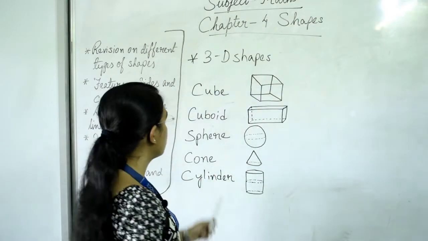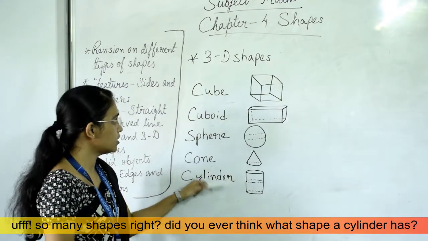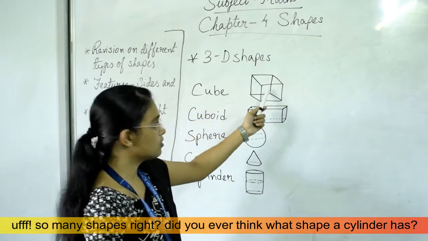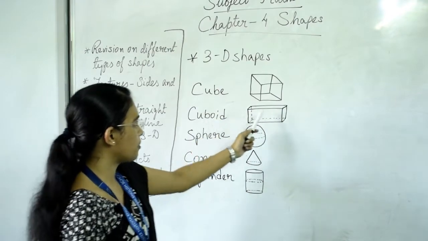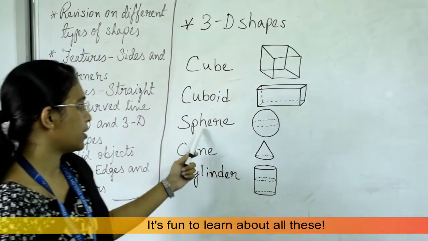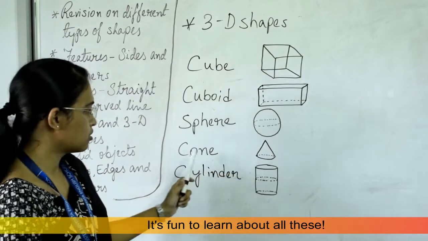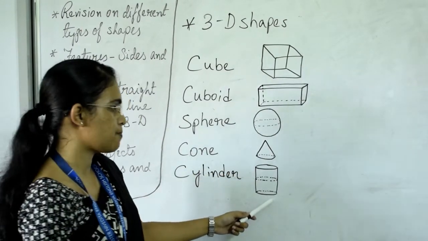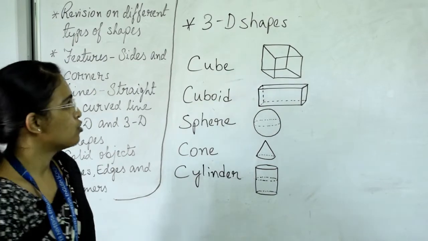So these all are 3D shapes. This is the shape of a cube, this is the shape of a cuboid, this is the shape of a sphere, this is the shape of a cone, and this is the shape of a cylinder.